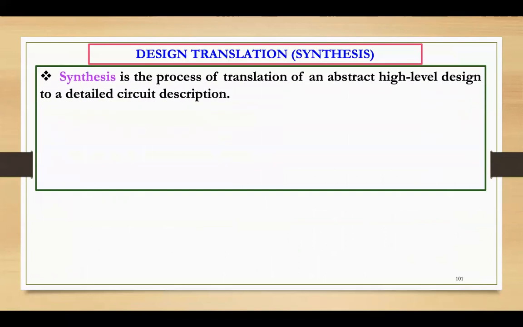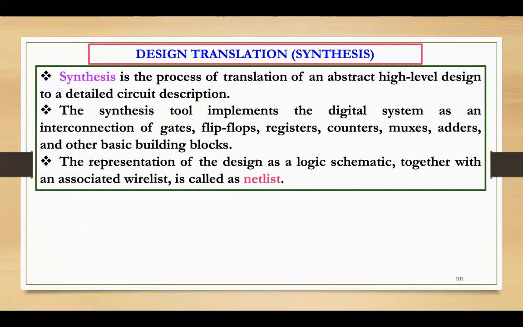Okay, so next is about synthesis, right? Synthesis, as we know, can bring it into circuitry form. This can have connections between gates, registers, counters, and adders used as basic building blocks. Because for any functionality you will need only these: gates, flip-flops, registers, counters.